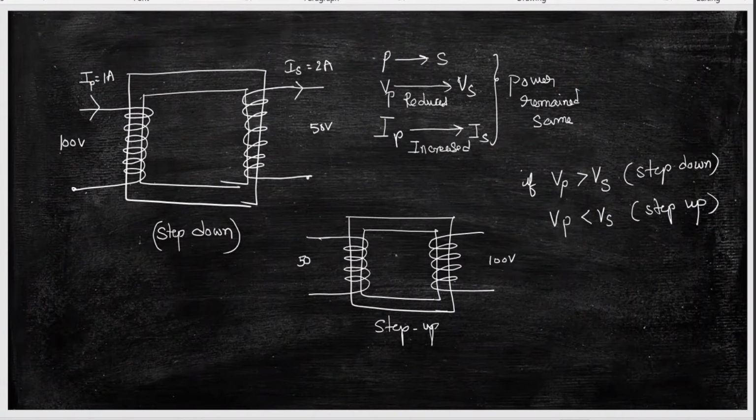Now, if this is the situation, what happens if Vp is reduced? If Vp is reduced, Ip will increase. That means if Ip is less than Is, then it is called a step up transformer.